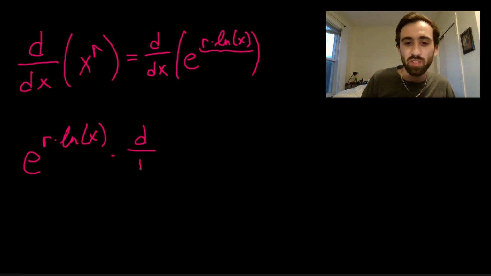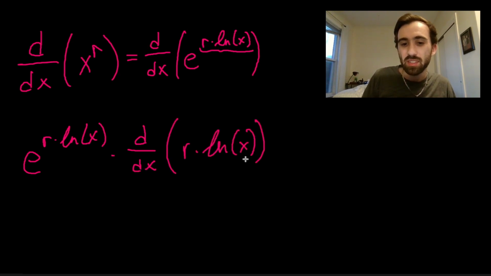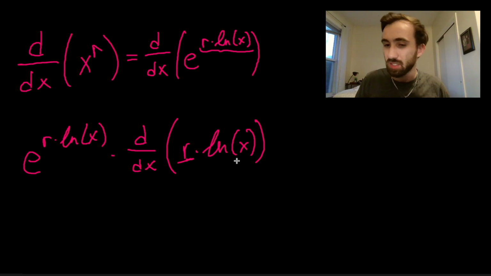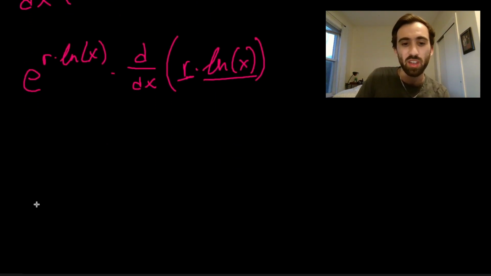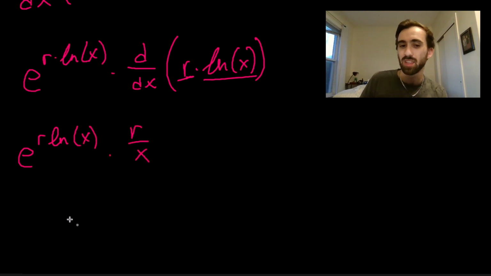So this is the derivative of r times ln of x. r is just a constant, so it doesn't really matter to us. And ln of x, the derivative of that is going to be 1 over x. So then this whole expression evaluates to e to the power of r times ln of x, times r over x.